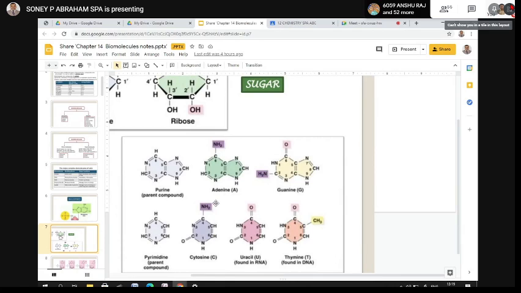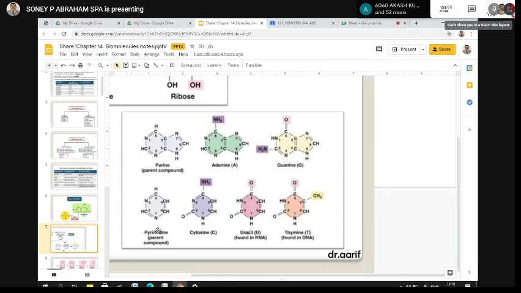And these are pyrimidine bases, three different derivatives of pyrimidine. Where at the 4th carbon you have an NH2 group, and at the 2nd carbon you have a carbonyl group, then it is cytosine. At the 4th carbon a carbonyl group and the 2nd carbon a carbonyl group, it becomes uracil.